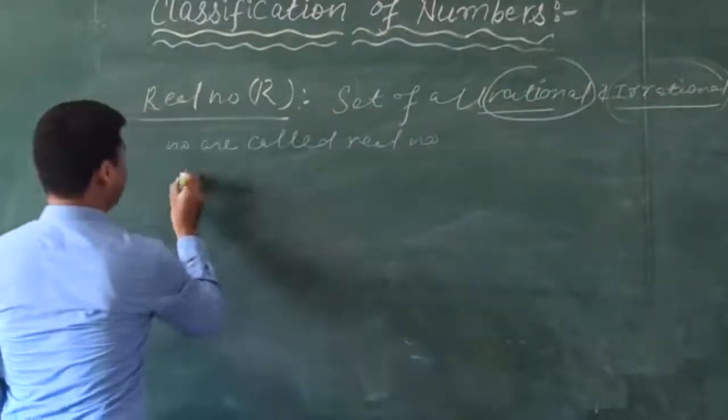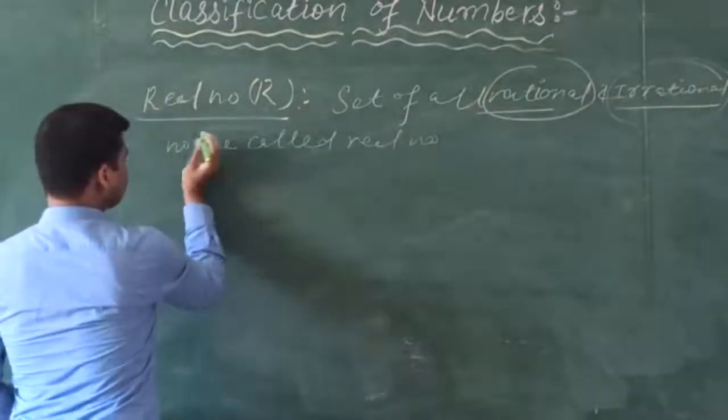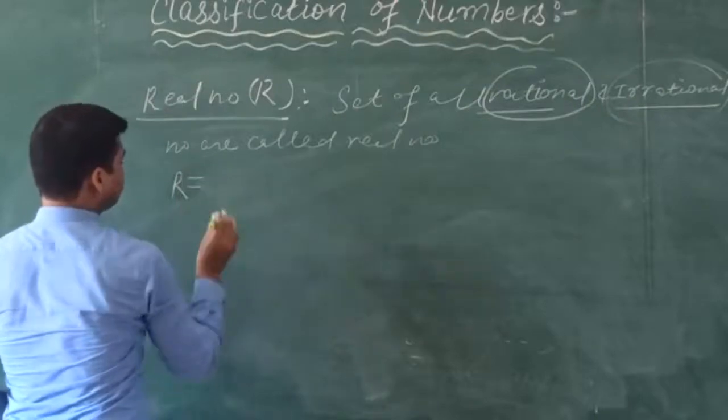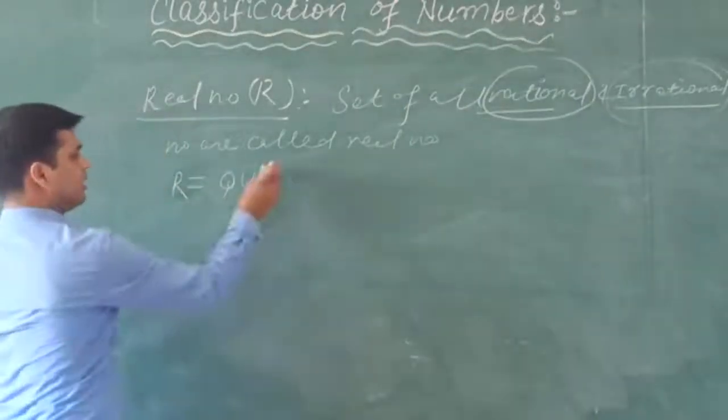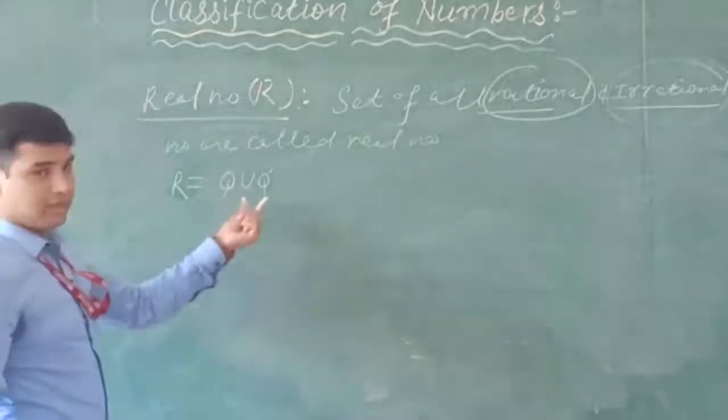You can write it this way: R is equal to the set of rational and irrational numbers, where the irrational numbers are denoted by Q dash.